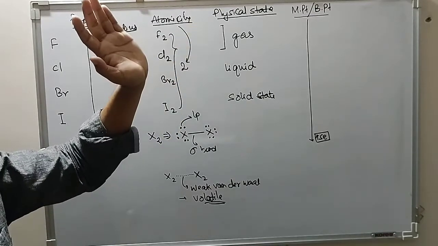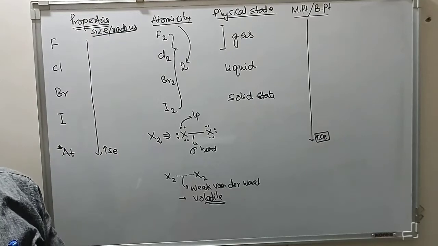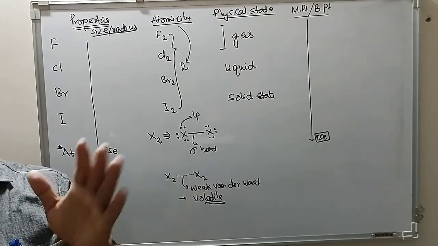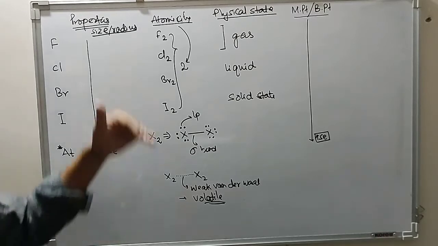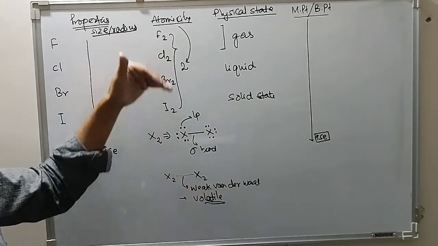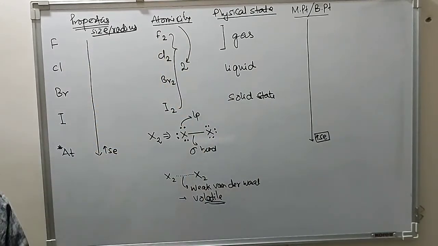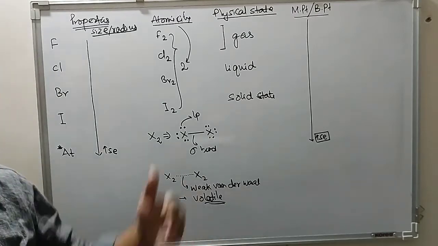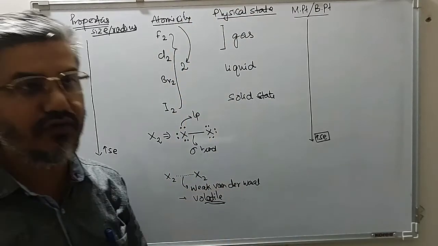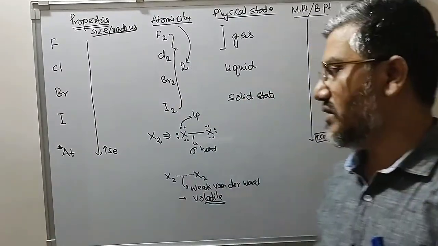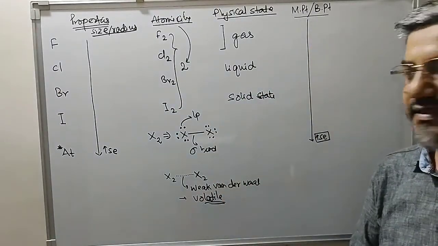fluorine to chlorine, size increases. As the size increases, intermolecular attractive force between the halogen molecule also increases. Now moving from chlorine to bromine, again size increases, and from bromine to iodine, again the size increases. So due to increase in size, moving from fluorine to iodine, the intermolecular attractive force also increases.